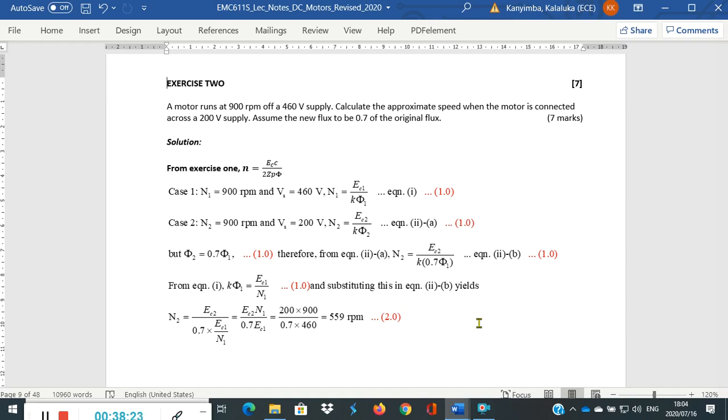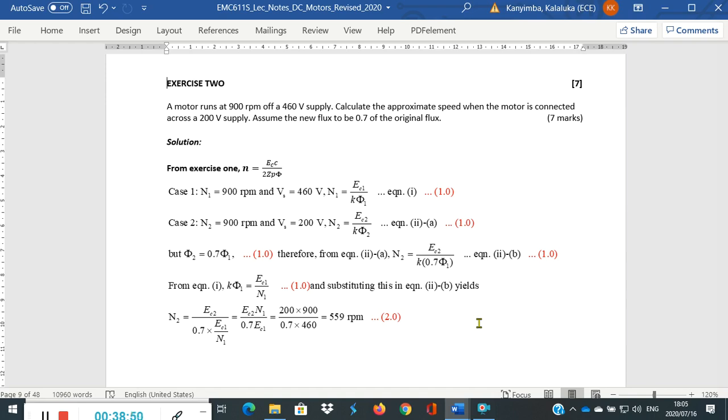Calculate the approximate speed when the motor is connected across a 200 volt supply. Now, the supply has been changed from 460 volts to 200 volts. We are not told how the motor is connected, but we are also told to assume the new flux to be 0.7 of the original flux.